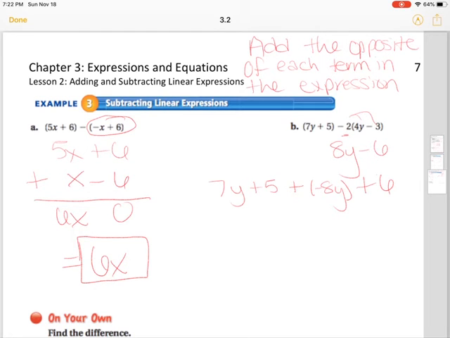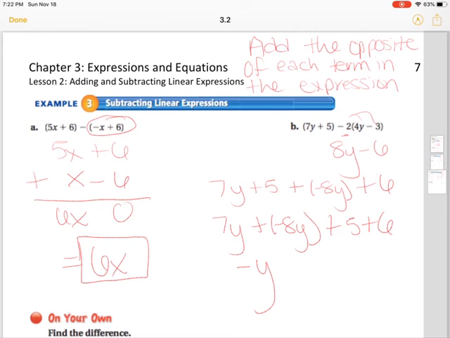So now we can go ahead and group these together. So we can group them together by saying 7y plus negative 8y, because these have the same variables, and then plus 5 plus 6. So let's go ahead and simplify that. So if we have 7y plus negative 8y, we are just going to get negative y, or negative 1y.